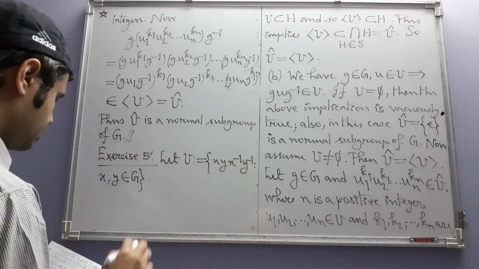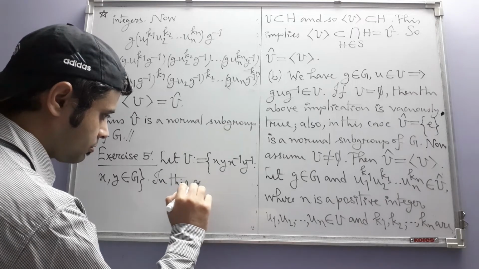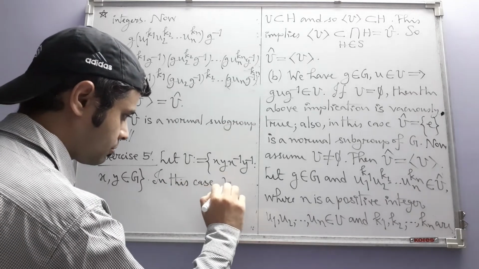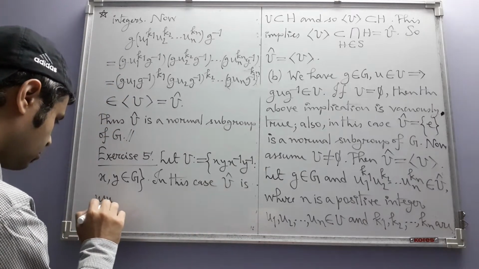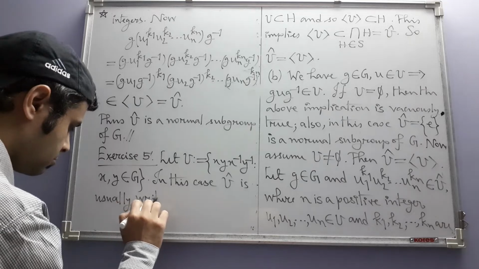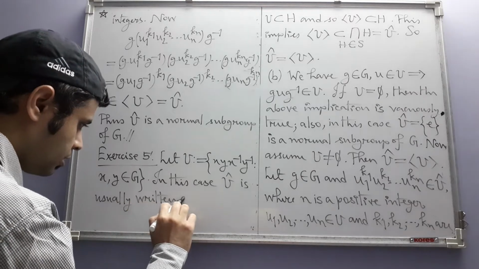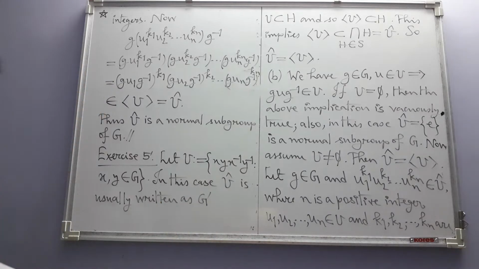In this case, U hat is usually written as G prime.